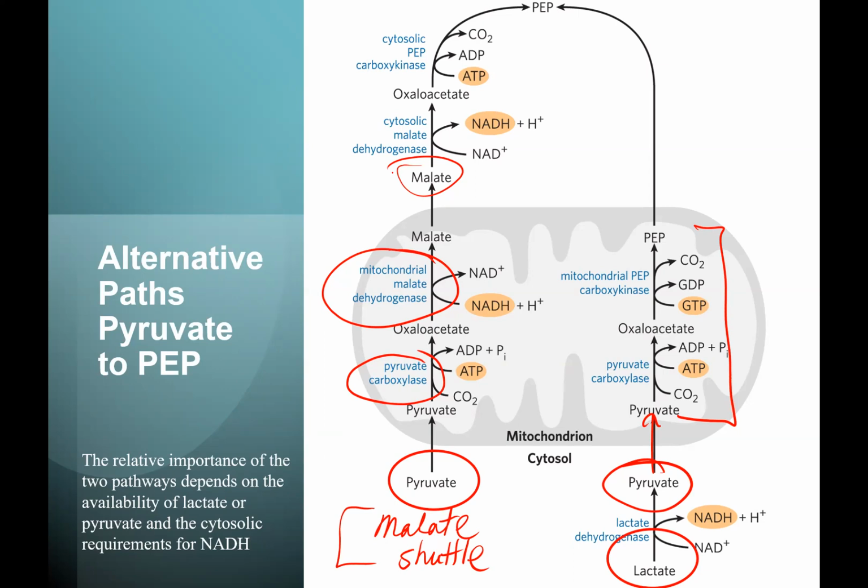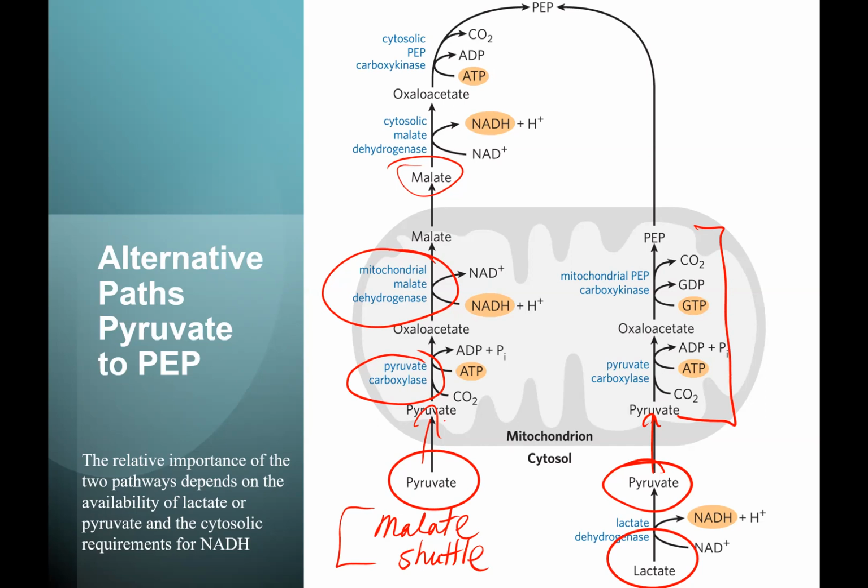Anyway, bottom line is, if we're going from lactate to pyruvate, no malate shuttle, but if pyruvate is being directly transported into the mitochondria as pyruvate, we go through this malate shuttle. So the pyruvate on the left would be the pyruvate fresh out of glycolysis, right? Correct.